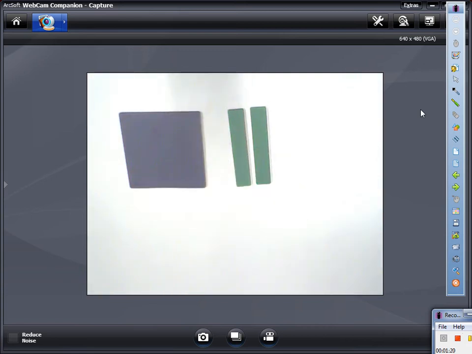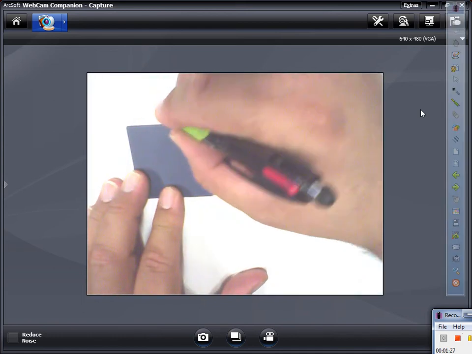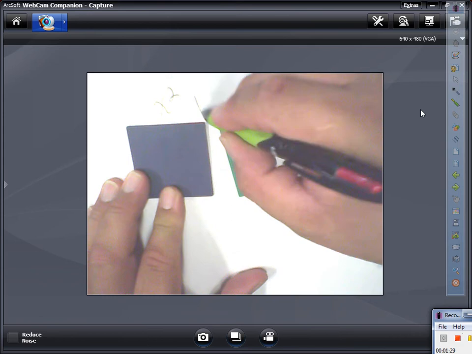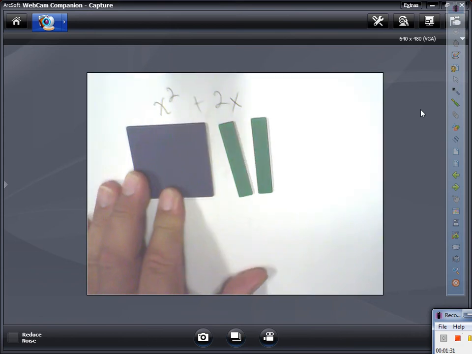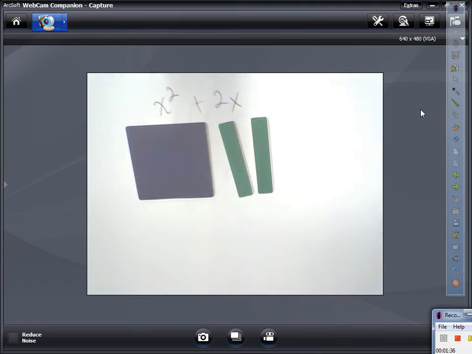So I have x squared plus 2x. So far so good? And when we did introduction to factoring, remember that I asked you guys to get these into a rectangle. But this time it's called completing the square. It's not called completing the rectangle. So I'm going to have to make a square with what I'm given.